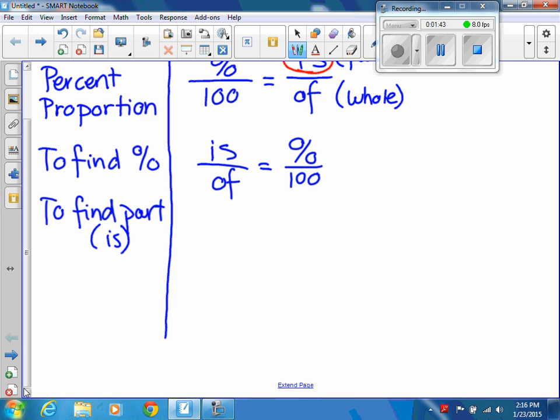So to find the part, we're going to use is over of still. We're going to write it again. Is over of is equal to the percent over 100. So let's use that to help us with this question here.